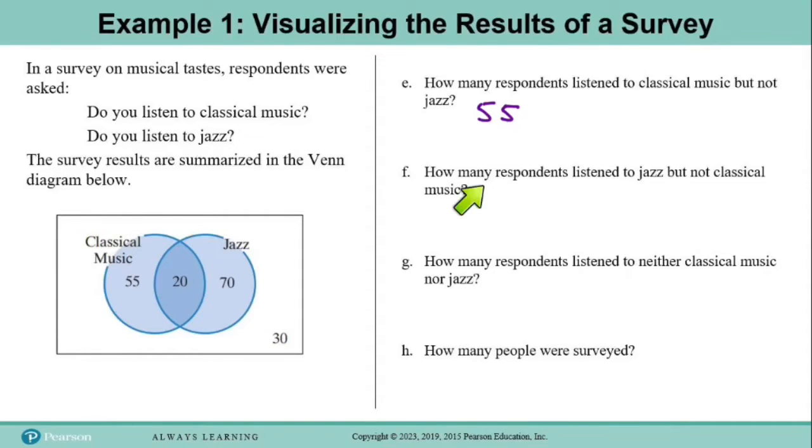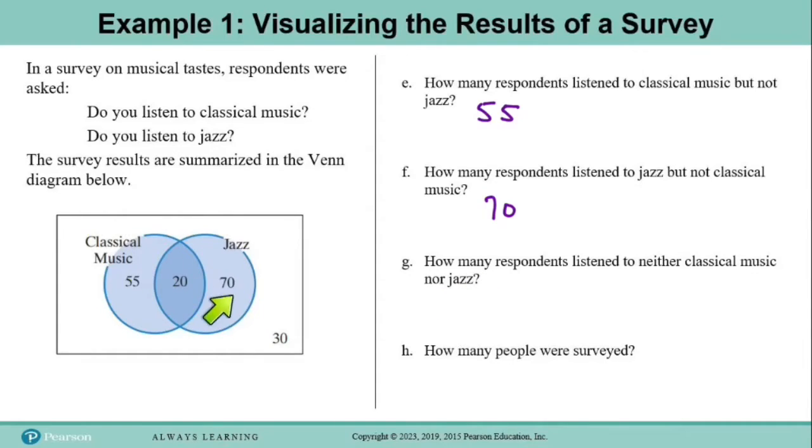How many respondents listened to jazz but not classical? Okay, so look at the set for jazz. The 70 people here listen to jazz, but the 20 people here listen to both. So the ones who listen to just jazz and not classical would be the 70. Part G, how many respondents listen to neither classical music nor jazz?